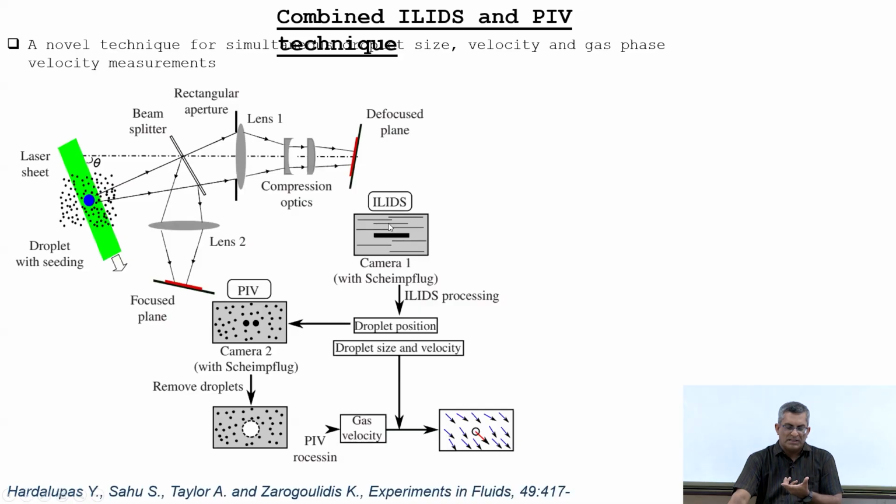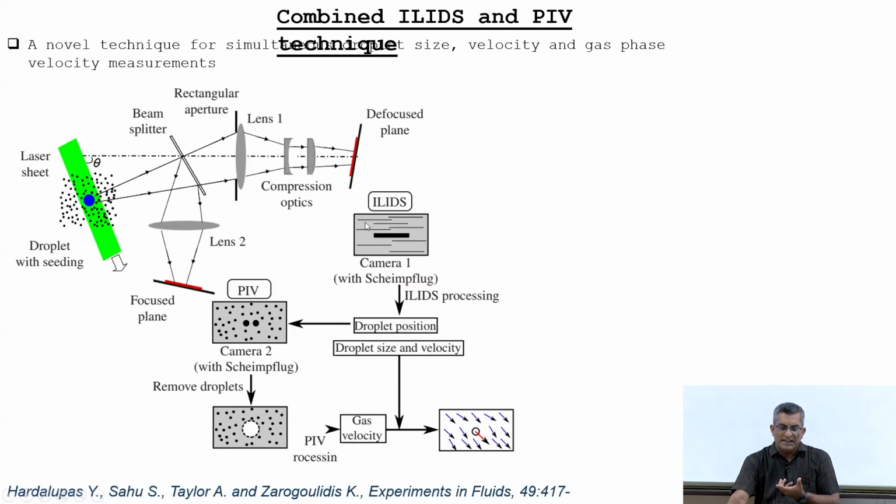Now, what will happen to these seeding particles in the ILIDS image? These seeding particles are basically solid particles. They are not transparent. So, in the ILIDS image, they will simply be defocused. So, you won't see any fringe pattern from them in the ILIDS image.